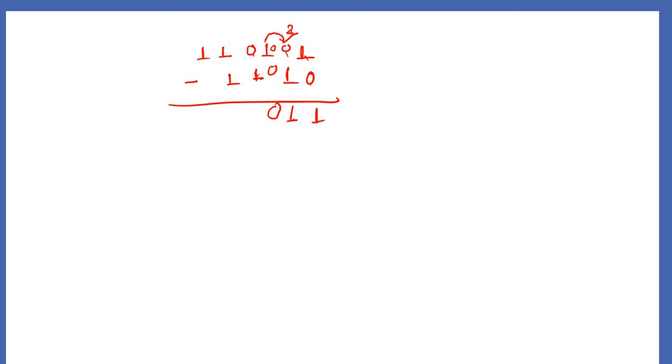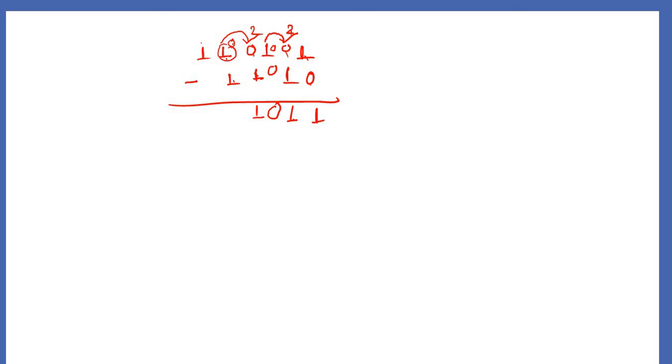Again 0 minus 1, that is the upper digit is less than the lower digit. That means we have to take borrow from the next left column. So this one we will take borrow from the next left column to this column, and this one will be converted into 2 in the fourth column. Therefore 2 minus 1 gives the result 1. Again 0 minus 1, because this one we already taken borrow, so this is converted into 0, right?